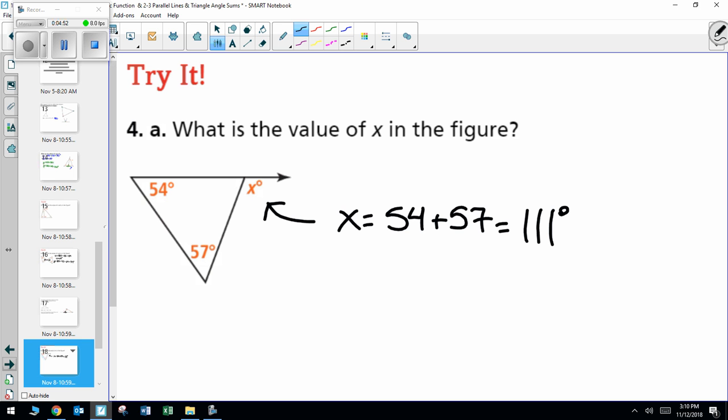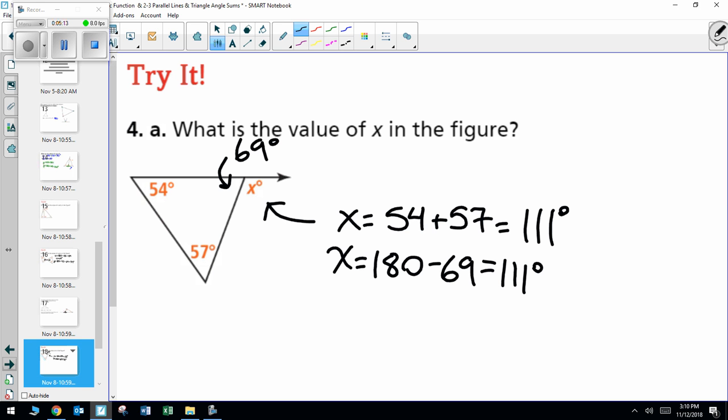I could have first found the interior angle measure by doing 180 minus 54 and 57, and found that interior angle was 69 degrees, and then found x by taking 180 and subtracting 69 degrees. And you'd still get 111 degrees. But knowing that property did make this problem a little bit simpler.